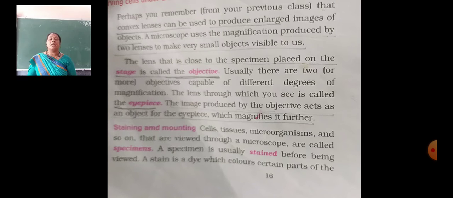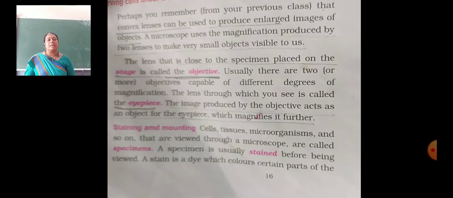Now, what is the next step? That is staining and mounting. By staining, we can see the object clearly, otherwise it cannot be easily distinguished. Staining means using a dye or any color, by which we can distinguish certain parts of a cell.